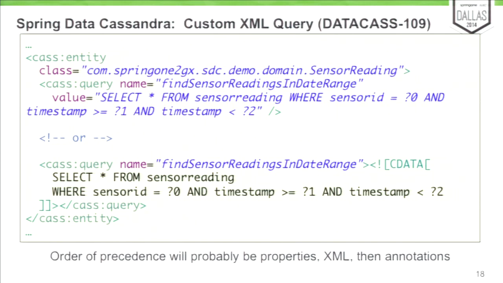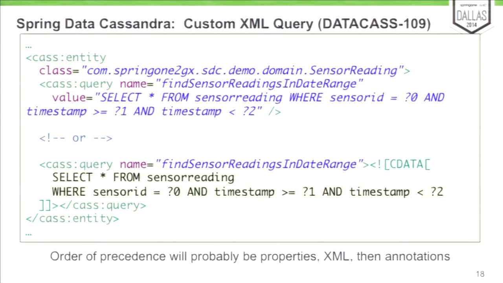Once DataCass-109 is completed, you'll be able to store your queries in your XML metadata if you want to. We're going to be adding a query sub-element to the entity element. There'll be two forms. I've got both in here, but you wouldn't see this normally. A query element where the value is an attribute, and then a query element where I'm using a CDATA block to store the query a bit more readably.